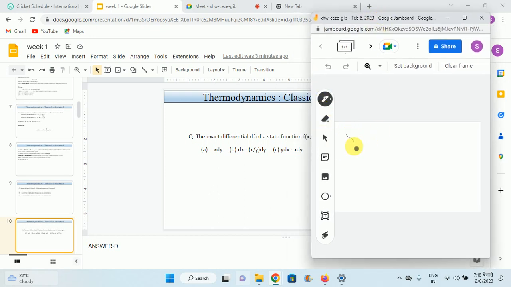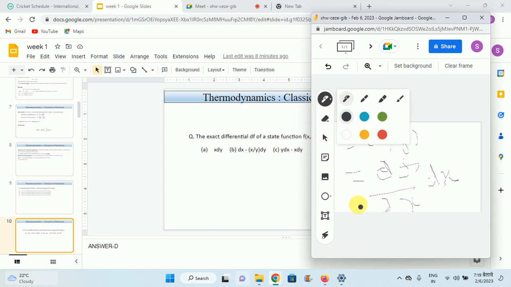So the function of x comma y can be written as curl f divided by curl x into dx plus... I'll explain it there only.